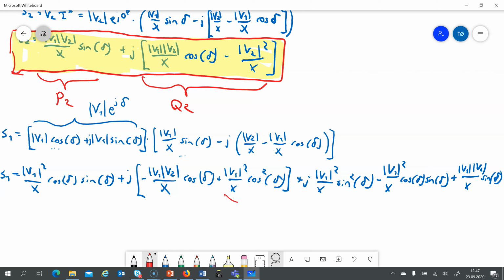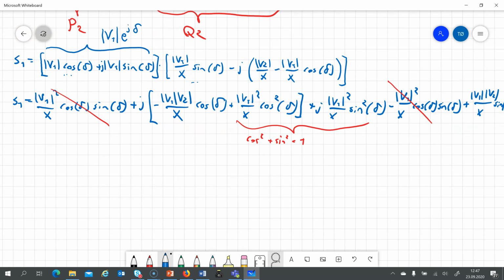And here you can do some simplifications from these two. You know that cos squared plus sine squared is equal to 1, and this goes away also with this one, yes.